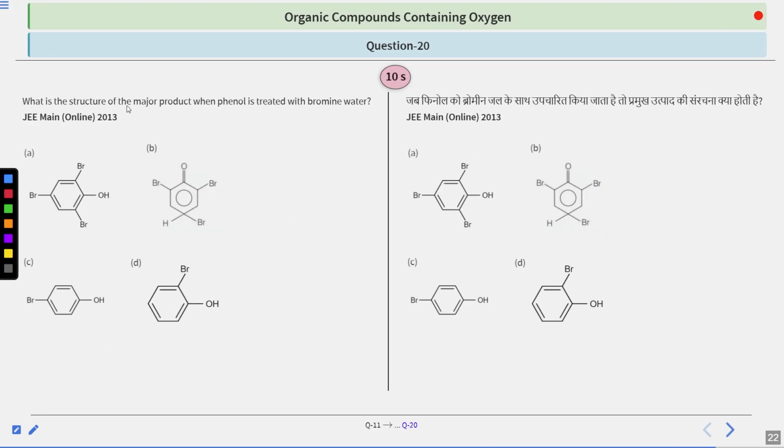What is the structure of the major product when phenol is treated with bromine water? This question has been in JEE Mains in online mode in 2030.